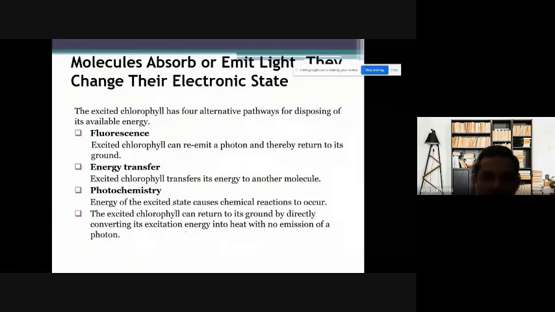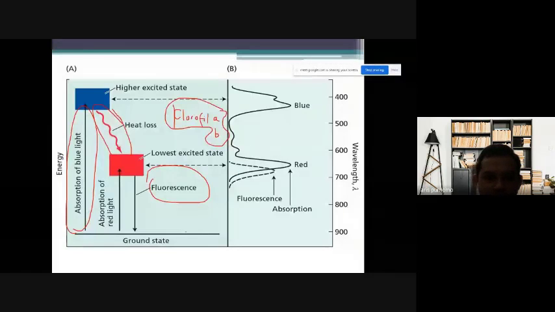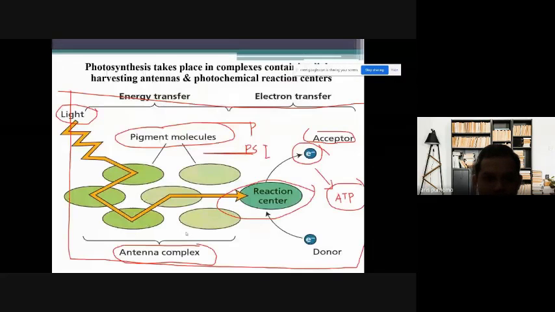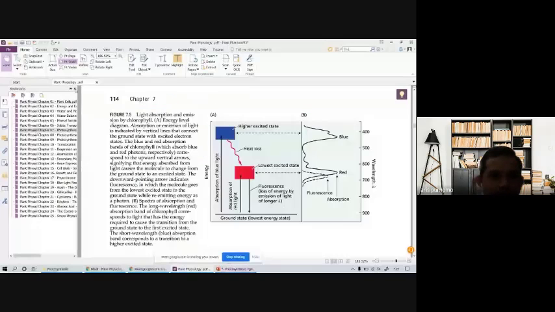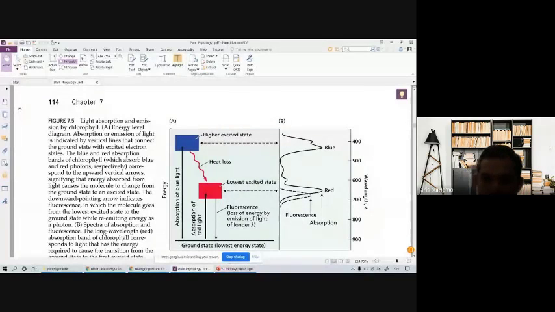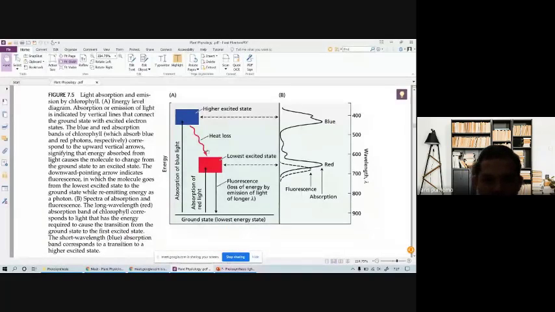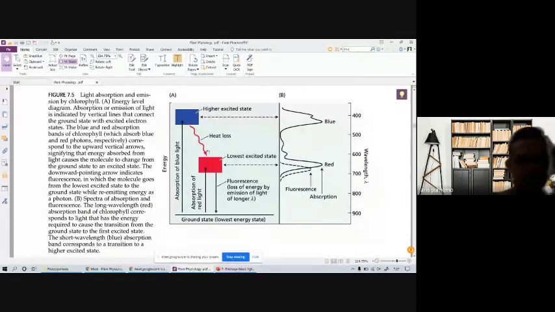In the light reaction, we need the photosystem. Sorry, here I think is the proper graph for explaining the process of losing energy.